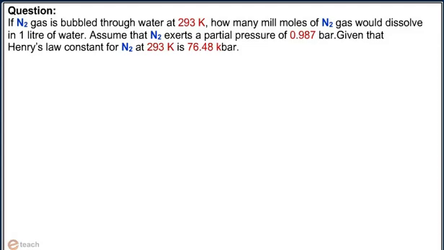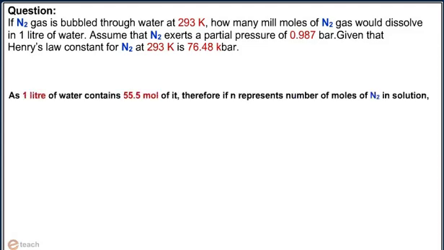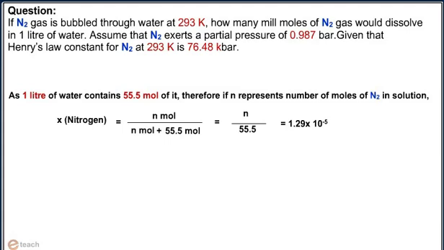As 1 liter of water contains 55.5 mole of it, therefore, if n represents number of moles of N2 in solution, Xi of nitrogen equals n mole by n mole plus 55.5 mole, equals n by 55.5, equals 1.29 into 10 to the power minus 5. n in denominator is neglected as it is very less than 55.5.